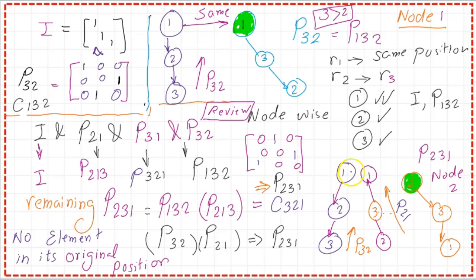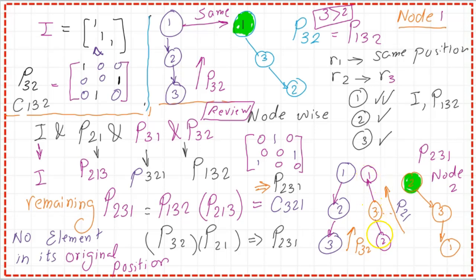This is the identity matrix 1, 2, 3. If we want to get 2, 3, 1, we first swap row 3 to row 2, and row 2 will come down. So we get the new position as 1, 3, 2.